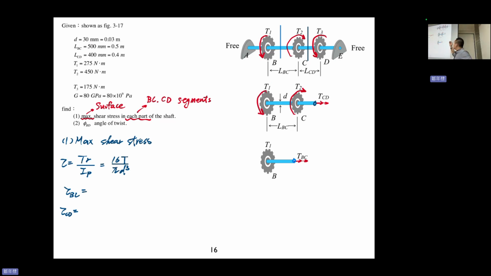But if you cut the light blue BC part, you only see T1. And then you can just do the equilibrium. T2 minus T1 equals 450 minus 275, equal to 175 Newton meters. And TBC equals minus T1, so minus 275 Newton meters.